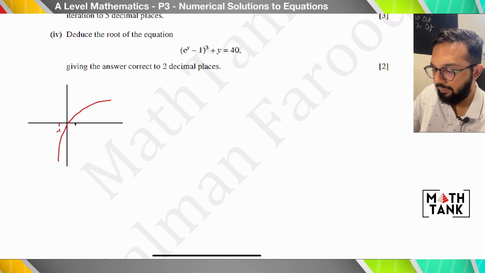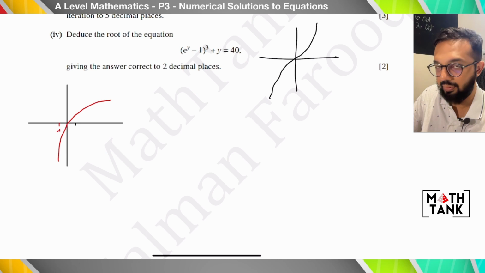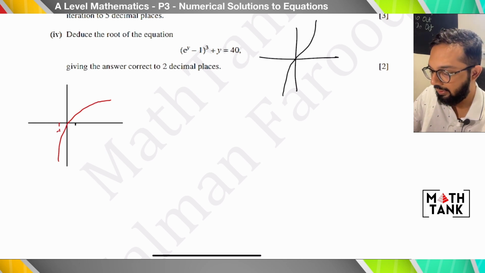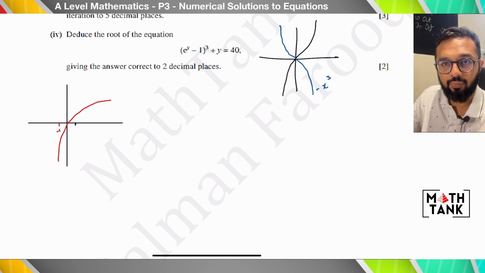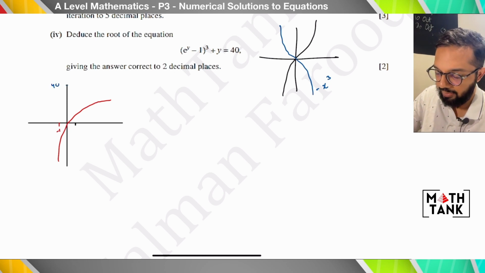Now, drawing the graph of 40 minus x cube, I hope that you remember from O levels that x cube looks like this. We also drew it in a previous part. Now, when I say minus x cube, it's basically a reflection in the y-axis. So the graph of minus x cube will look like this, and 40 plus, which means that the graph has moved 40 units up, and it's going something like this.